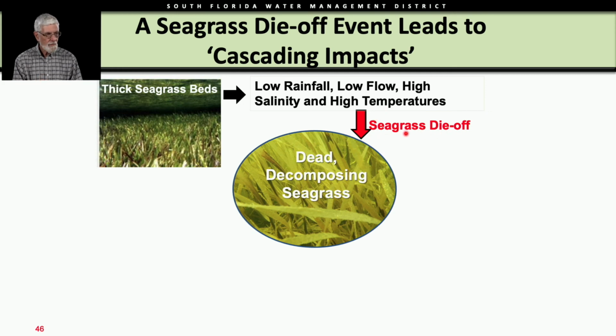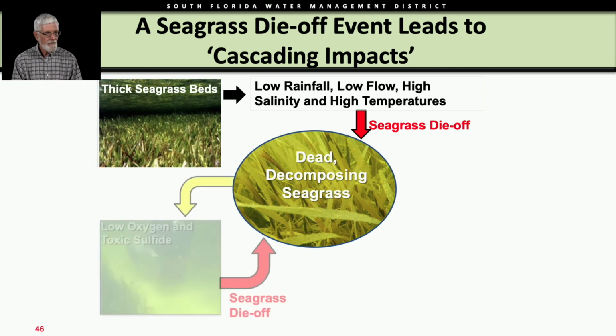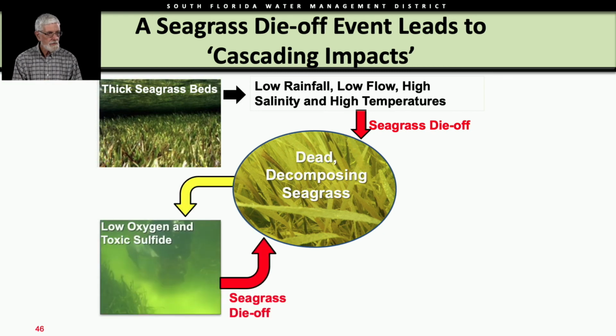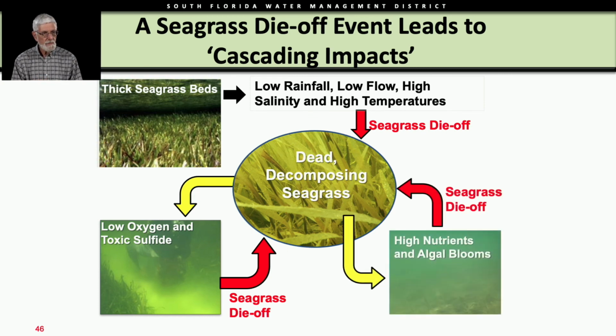But what also happened is the fact that this dead decomposing seagrass lowered the oxygen and increased the toxic concentrations of sulfide. So that caused even more seagrass die-off. And so there's now a cycle going around the system until something else happens, and that is the release of nutrients and an algae bloom.